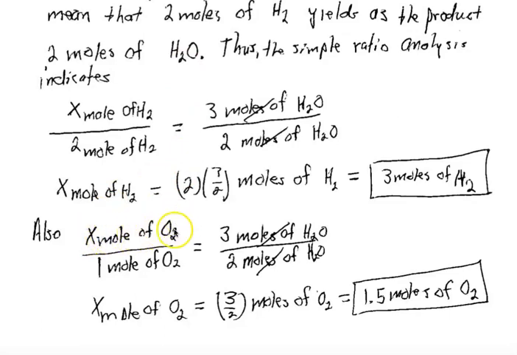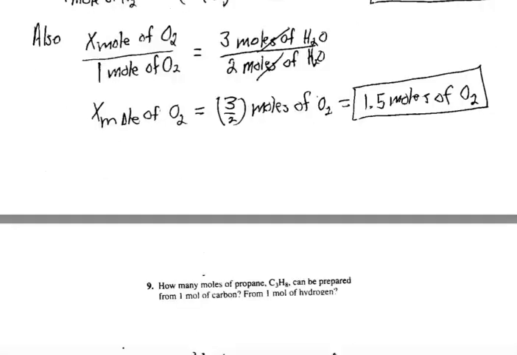X moles of O2 to 1 mole of O2 yields then 3 moles of H2O, which is what I wish to have, compared to 2 moles of H2O. Solve this mathematics, and we get the value 3/2. So it's 1.5 moles of oxygen. Hold on, let me go to the next problem.